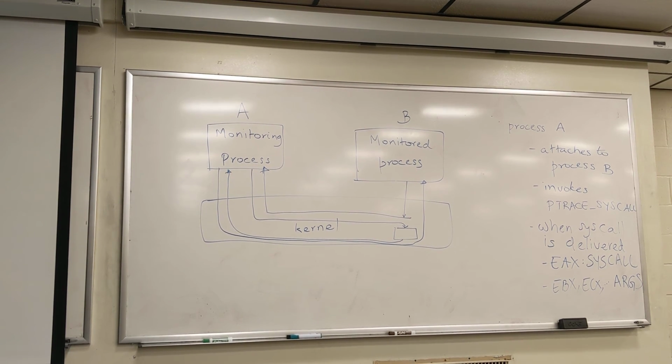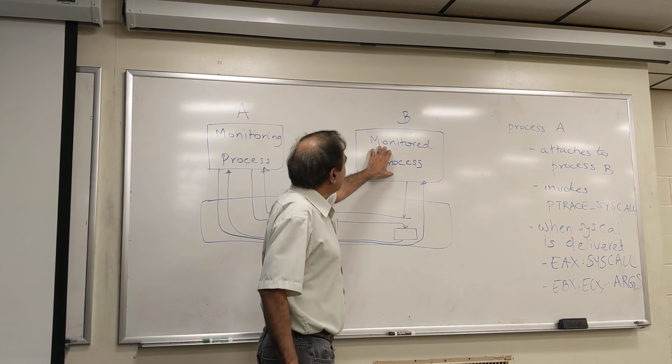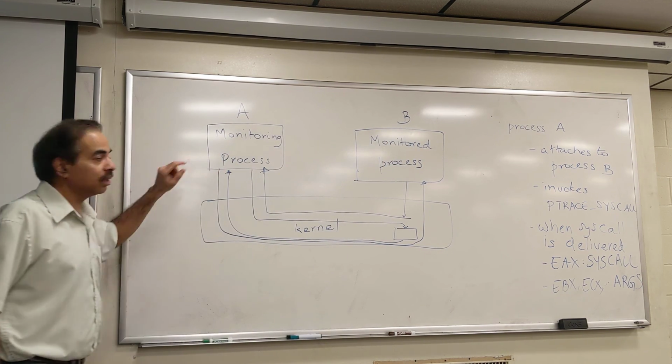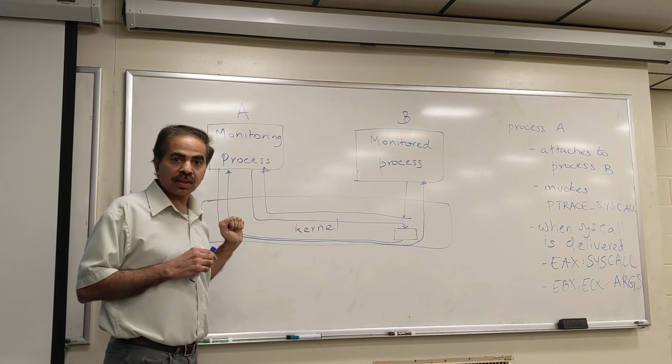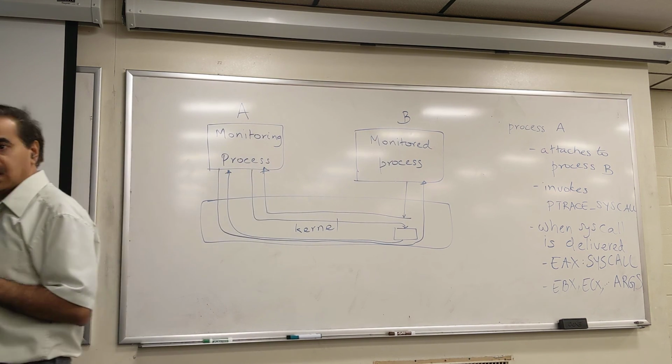Okay? But don't forget this race condition problem that we talked about, right? So it is possible that there could be multiple threads running in this process, and one of those threads could be changing the memory that is being examined here, right? So if the file name is in memory, and this process is trying to examine that file name, there may be another thread which is somehow changing that file name.